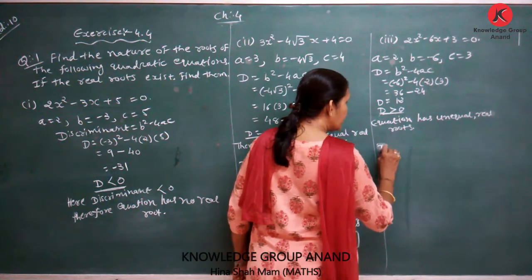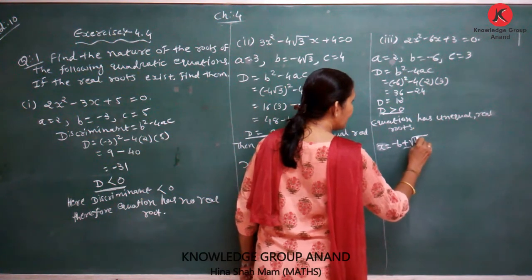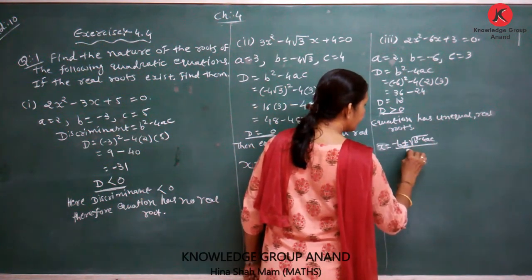x is equal to minus b plus minus under root b square minus 4ac upon 2a.